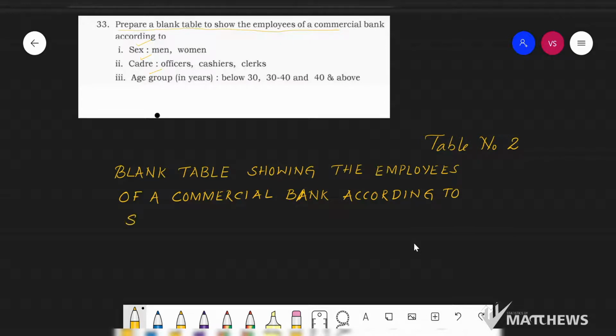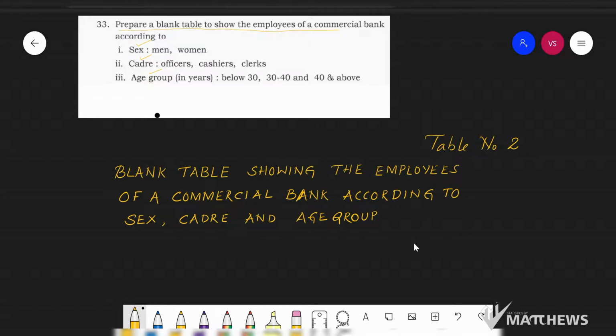Sex, cadre, and age group. Is that clear, students? This is how the title should be written.